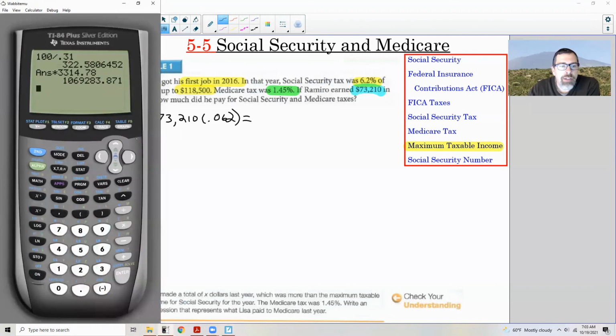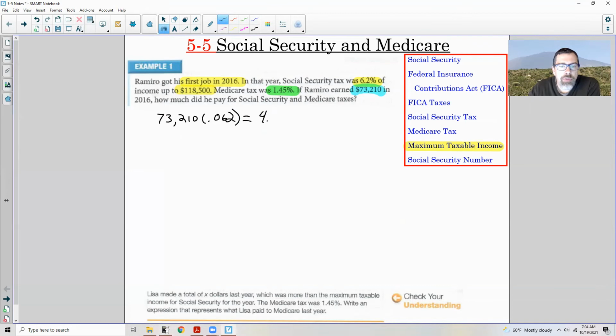Let me get my calculator here. 73,210 times 0.062 is $4,539.02. So there's his Social Security contribution that year. He paid in $4,500. Think about that.